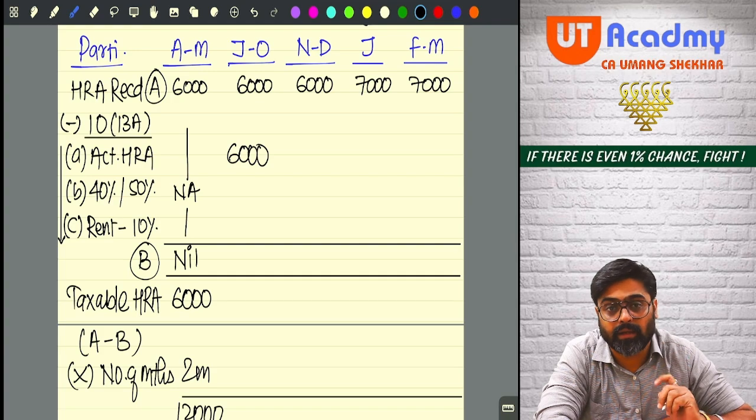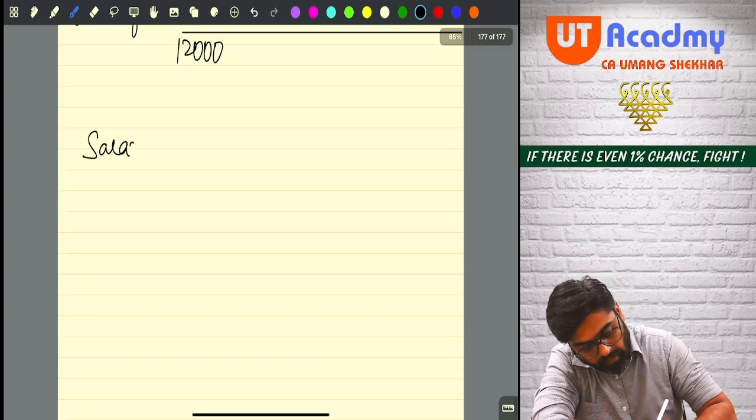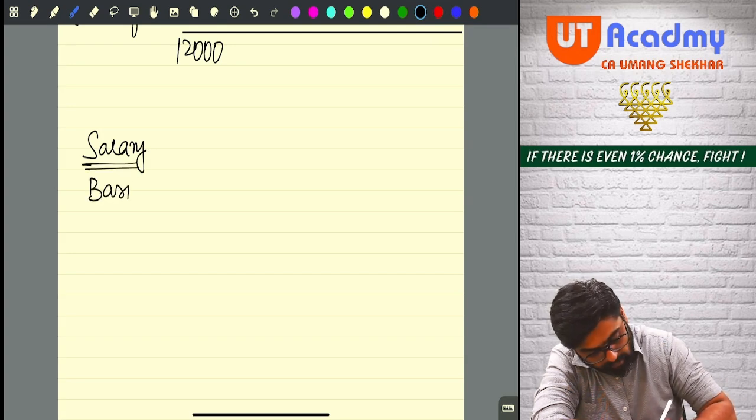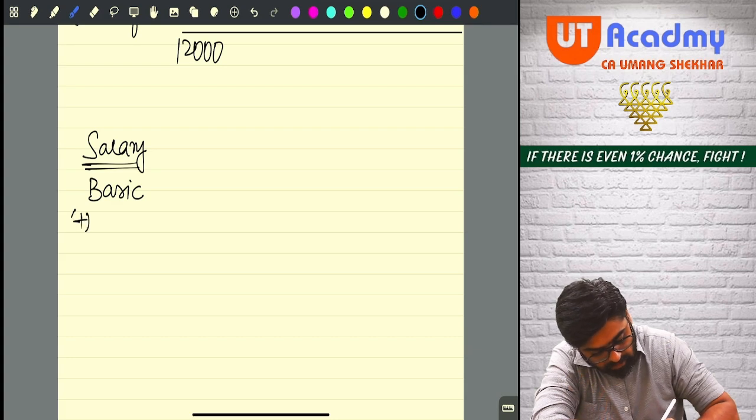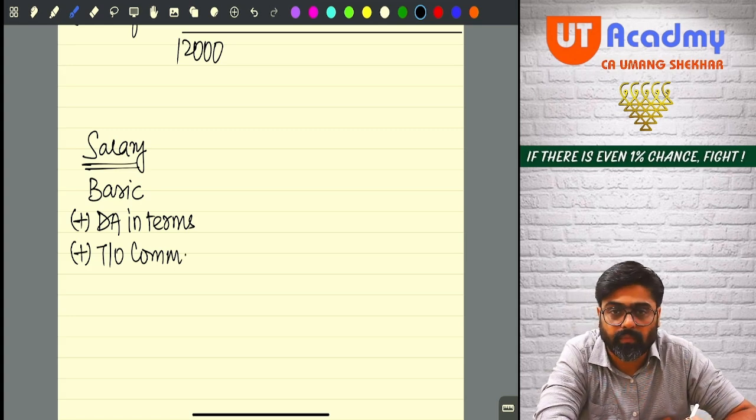For that I need salary. So first I will calculate salary. Salary for HRA exemption will be basic plus DA in terms plus turnover commission.